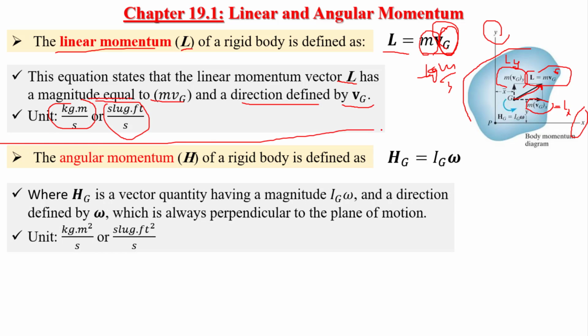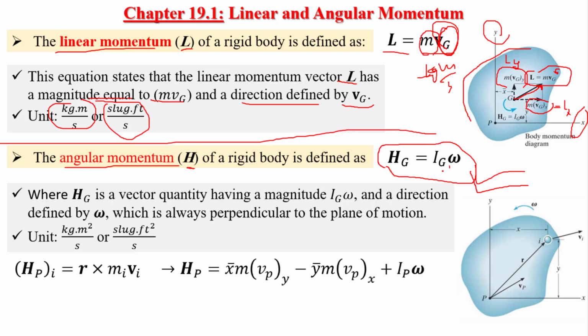The other very important component is the angular momentum, h, of a rigid body, which is defined as hg equal to Ig multiplied by omega. Okay, this equation we can get after doing certain derivation or after certain steps. So usually we start with this equation from here. Either we can benefit from this equation in order to find the angular momentum, or we can use this one.